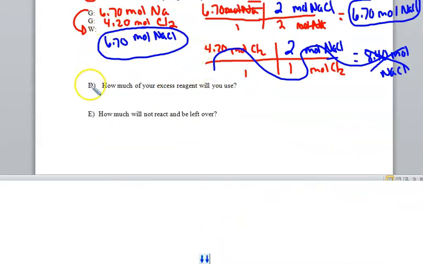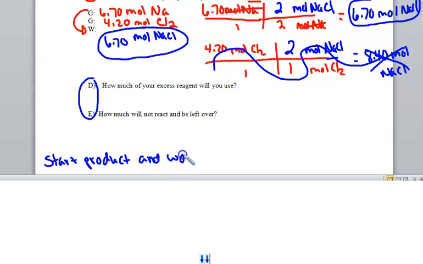D and E get a little bit harder, and we're going to work this together. My suggestion to you is to always start with the product and work backwards to the reactant, to the excess, I would say.